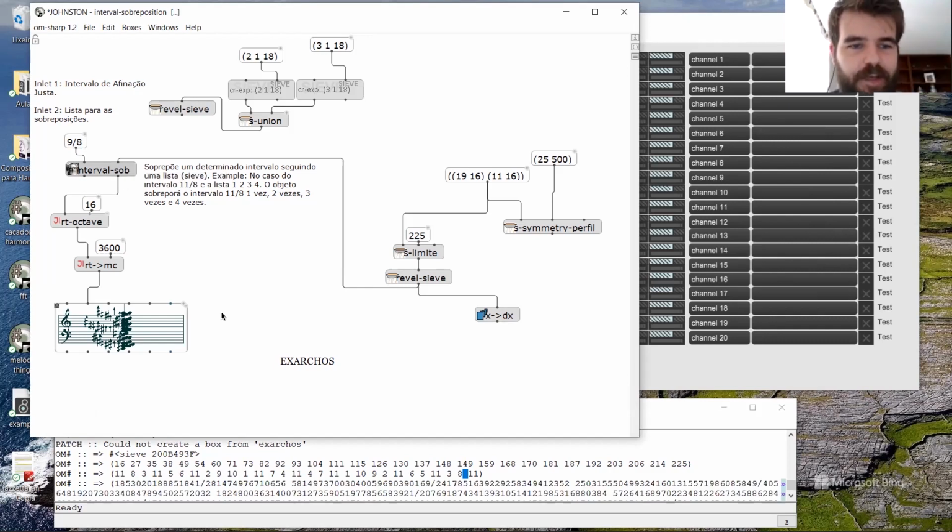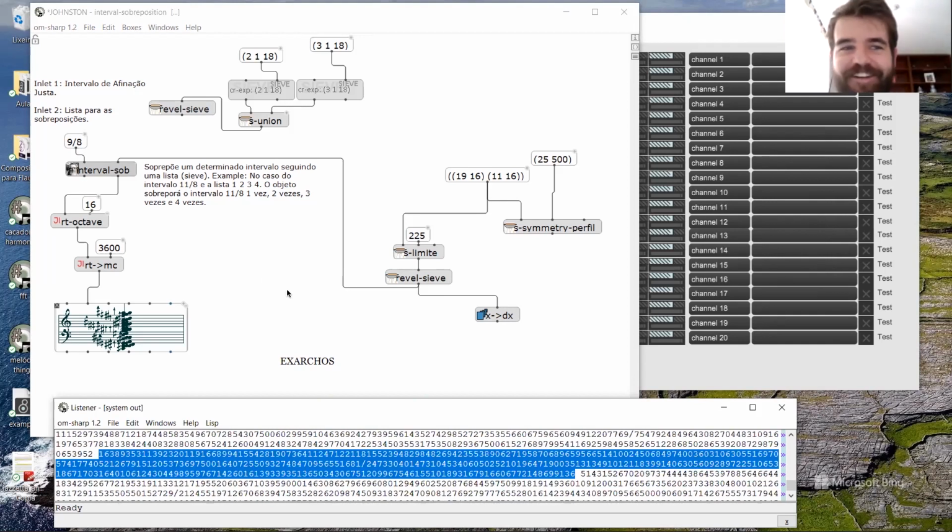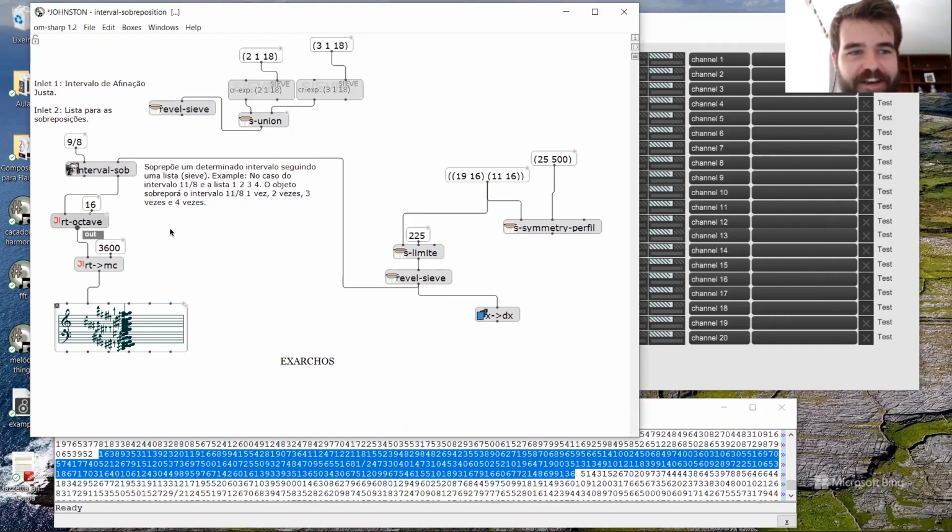So I have very big ratios. Here, for example, if I put this out, of course. Oh yeah, let me use another interval.